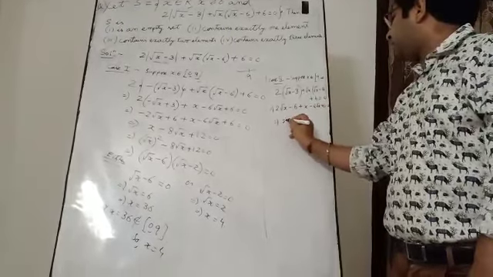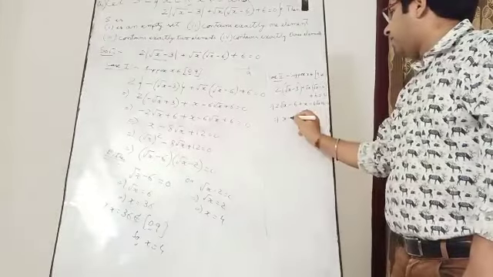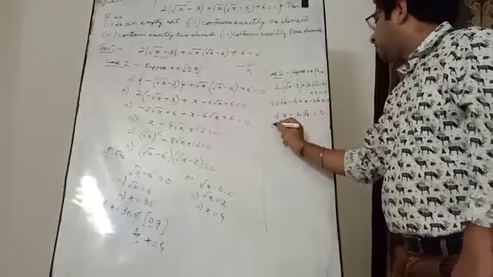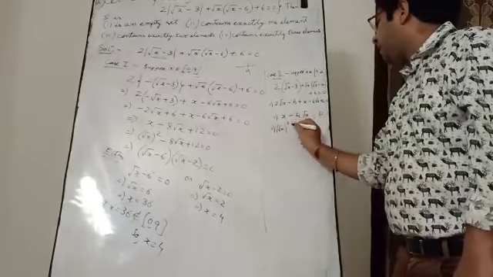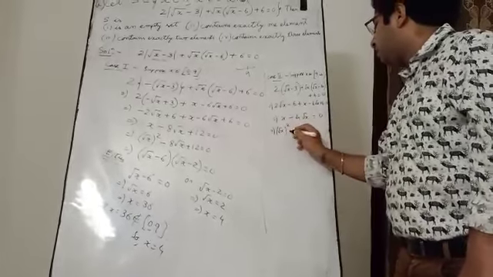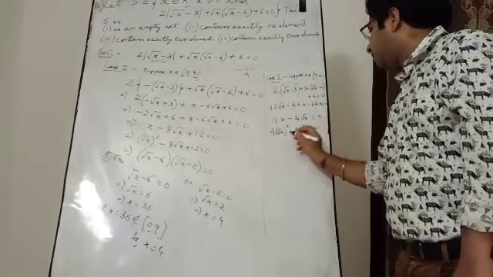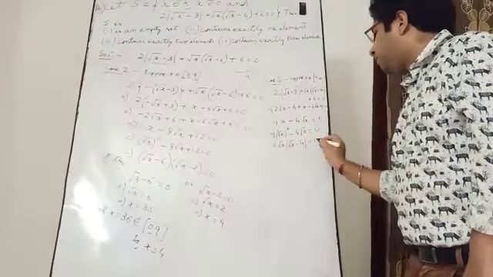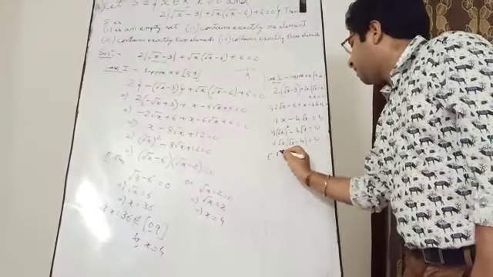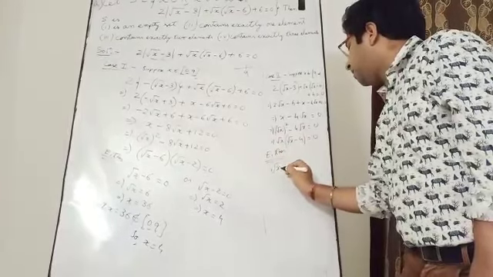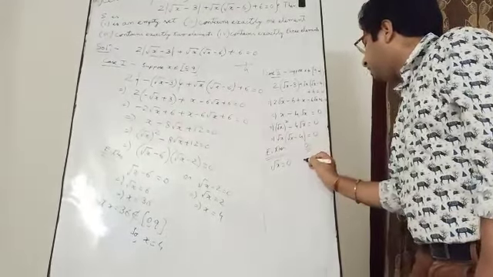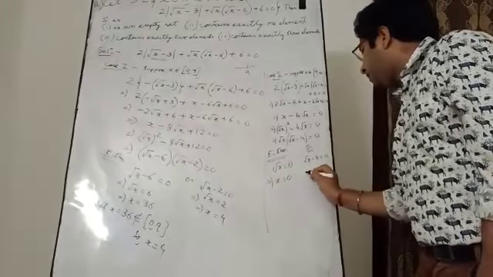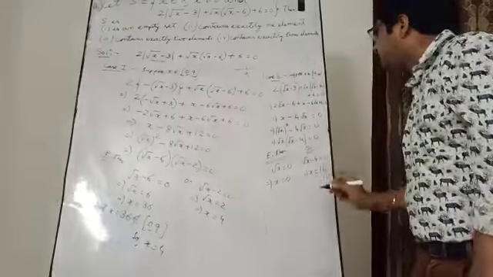So here you get x minus 4 root x equal to 0. So (root x) whole square minus 4 root x equal to 0. So root x common into (root x minus 4) equal to 0. So either root x is equal to 0 or root x minus 4 is equal to 0.